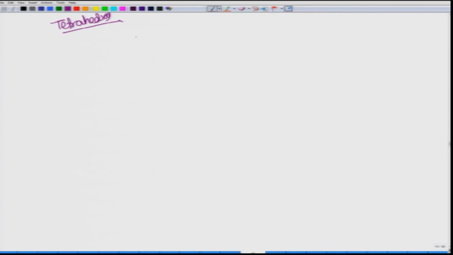Tetrahedral means that you have 4 faces. So, it is like a pyramid, but a little different from a pyramid. So, here you have atom, here you have atom, here you have atom, here you have atom, and inside this space there is sufficient space for one atom.